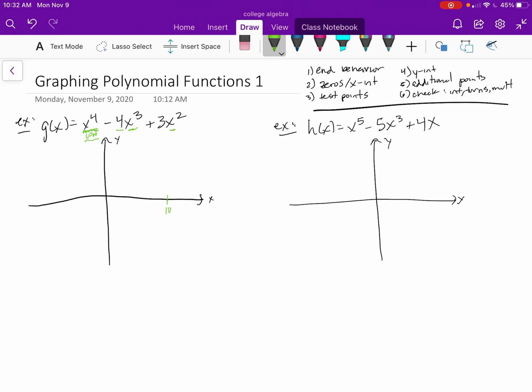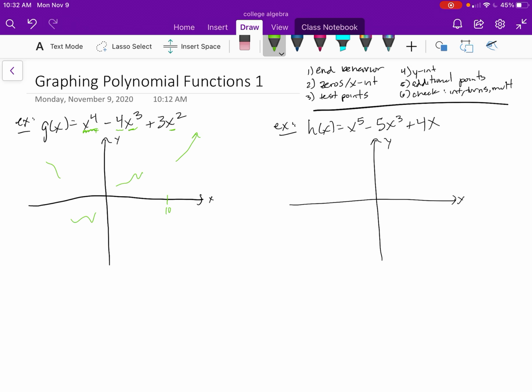Okay, so you may come into this video with prior knowledge of end behavior, and that's okay, but I did want to take a minute to describe that. So let me think about this. If I have a very large number to the fourth power, it's going positive, right? It has a whole bunch of stuff that it may do in between here. We really don't know where it's going.